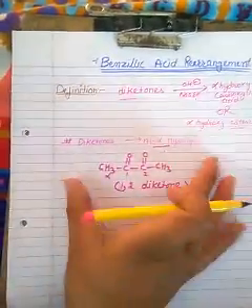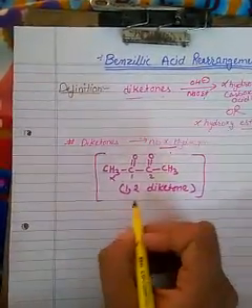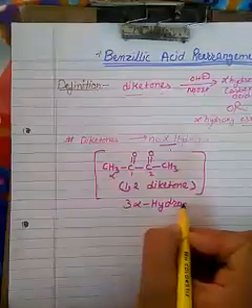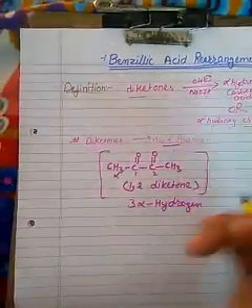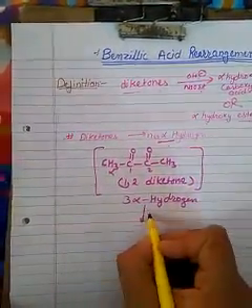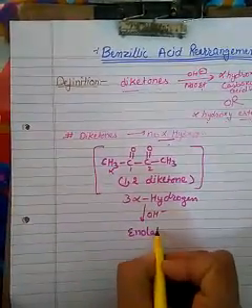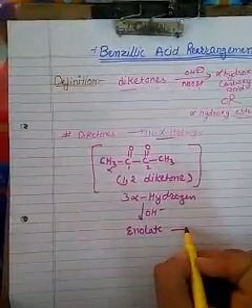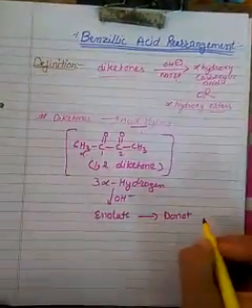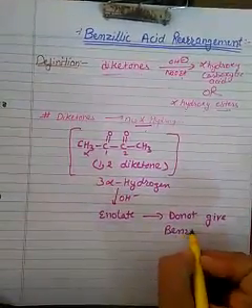So this diketone, having 3 alpha hydrogens, is not able to give benzilic acid rearrangement. In the presence of base, it will form enolate and not give the rearrangement.